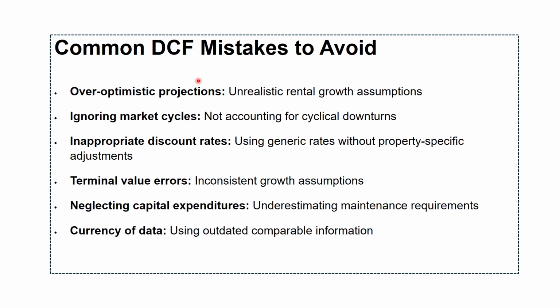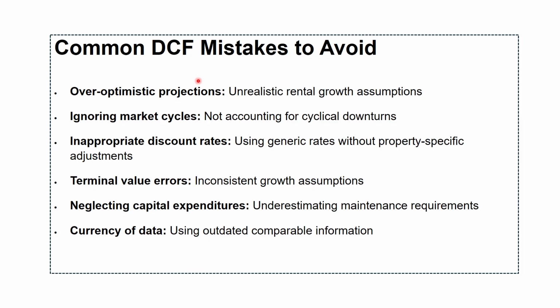Then there are certain mistakes we should try to avoid. Several common mistakes can significantly undermine the accuracy of DCF analysis. Over-optimistic projections represent the most frequent error. We have discussed this many times. Again, remember this is a big mistake which can happen.